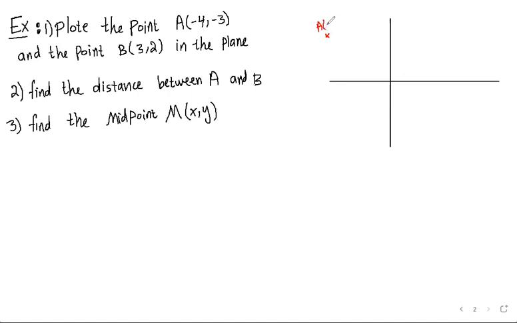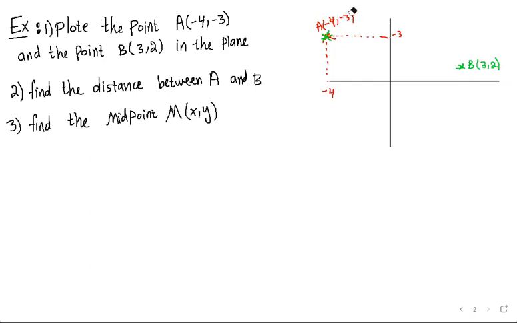So this is A. Second point, in which quadrant does it lie? First one, 3 and 2. It would be like 3 here, 3 and 2. This is B, (3, 2).